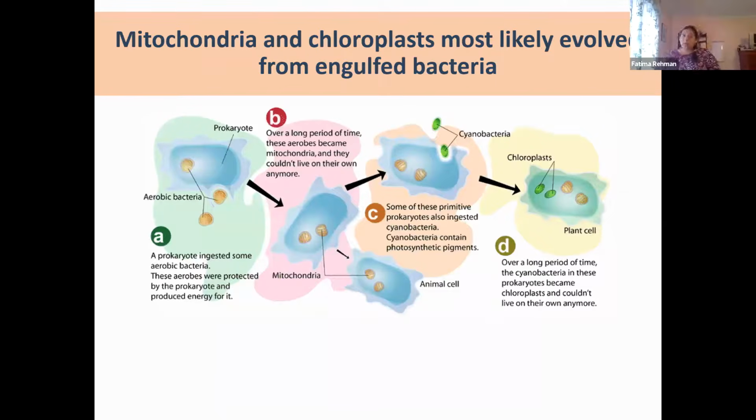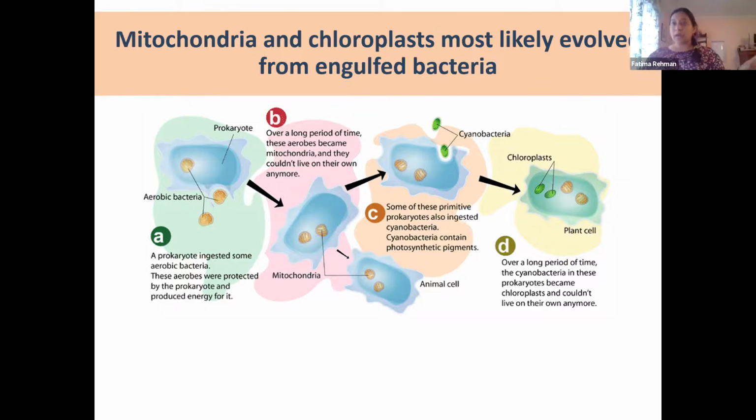So a cool theory that we have is that mitochondria and chloroplasts most likely were, long ago, bacteria that got engulfed inside a predator cell that was an early eukaryote, right? An early eukaryote that could live without oxygen, obviously.